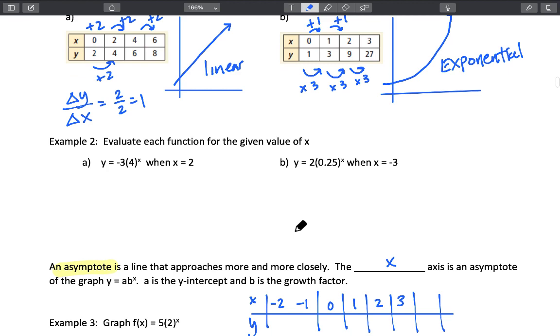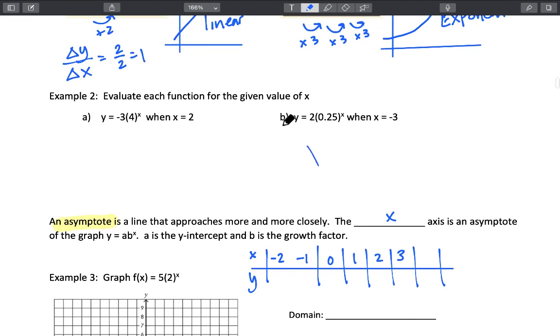All right, example 2 asks us to evaluate each function for the given value of x. Now keep in mind your order of operations, which says you need to do your exponents before doing multiplication, division, addition, or subtraction.